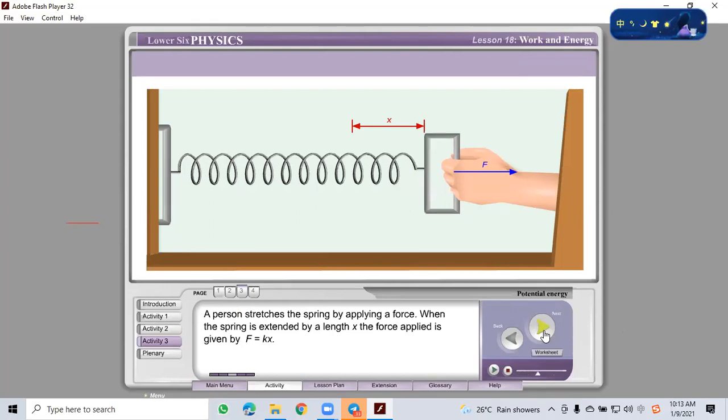When the spring is extended by a length x, the force applied is given by F equals kx, where k is the force constant of the spring.